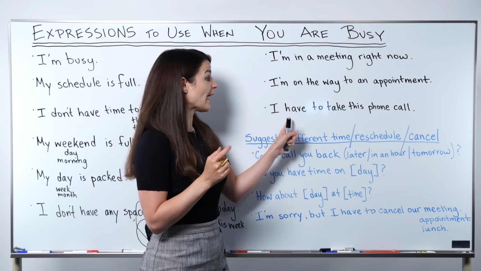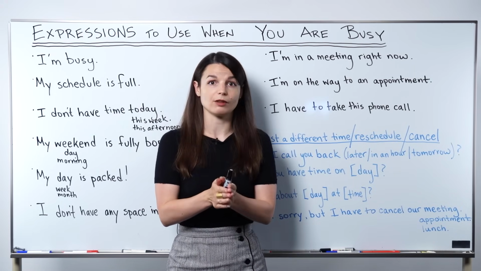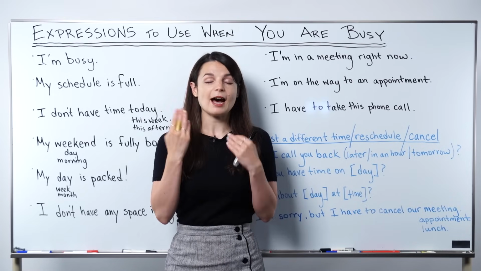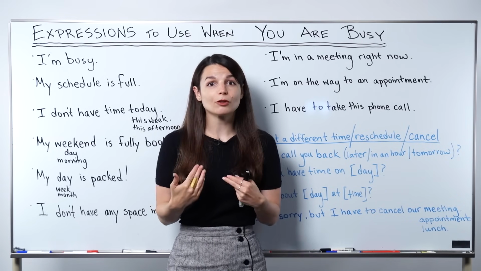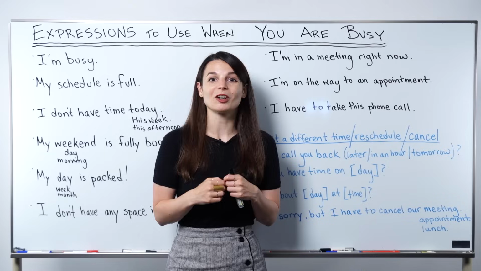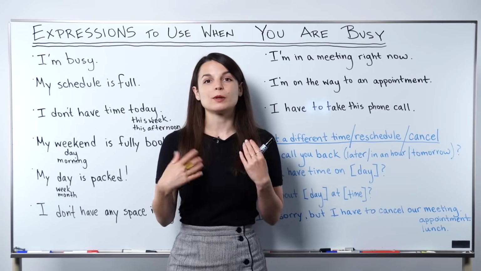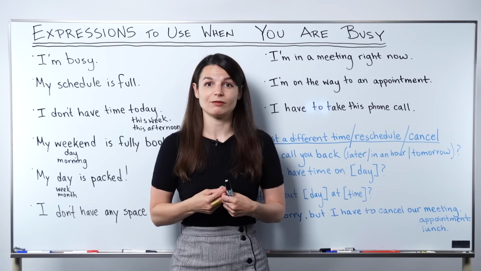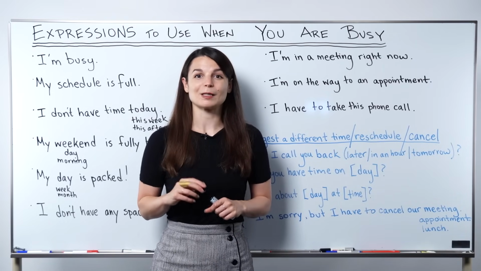If you use I have to, it sounds like you have some responsibility to take the phone call, to pick up the phone. If you don't take the phone call, something bad might happen. So this is a really good way to express it's important you pick up the phone, and you don't want to be rude, but you really need to in this moment.